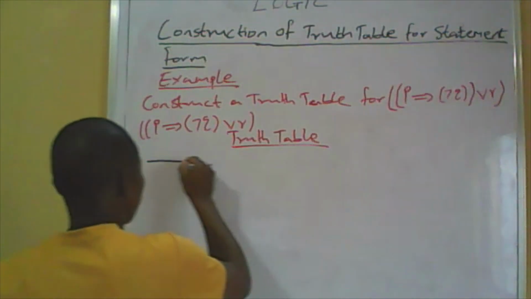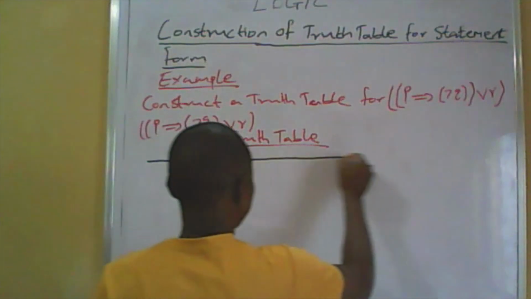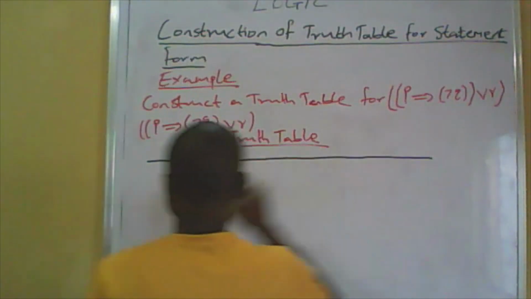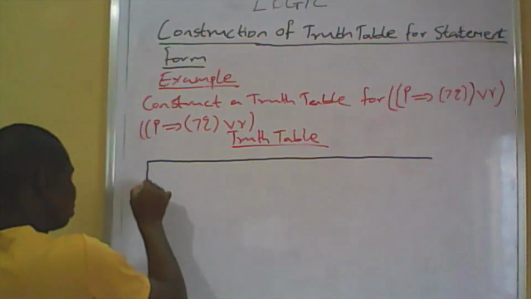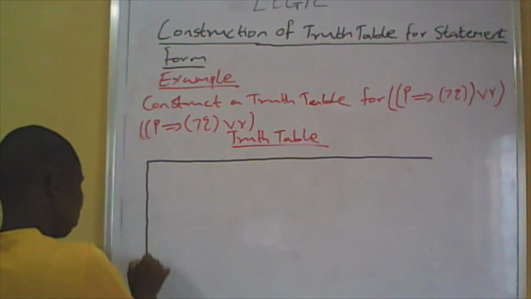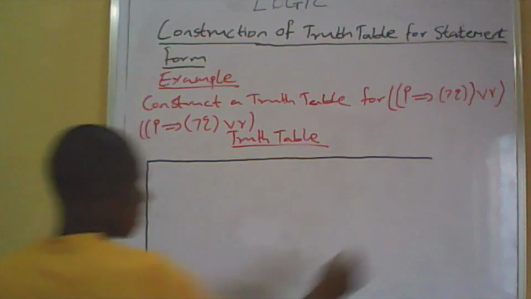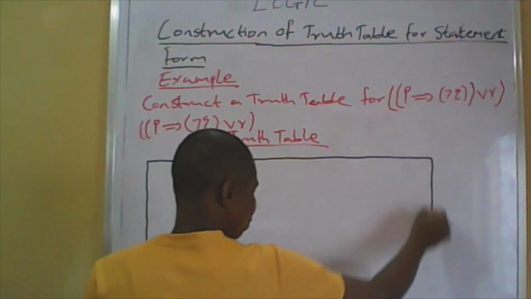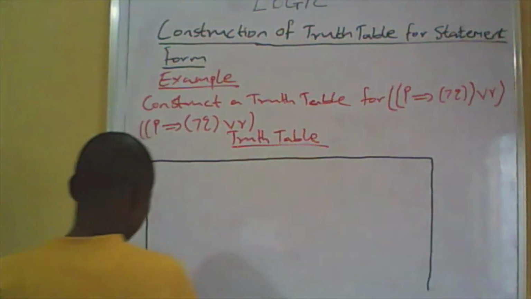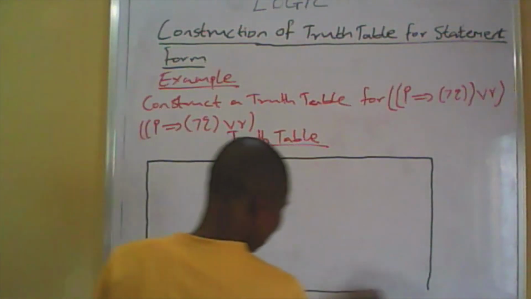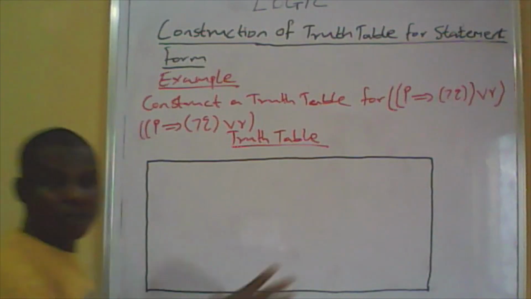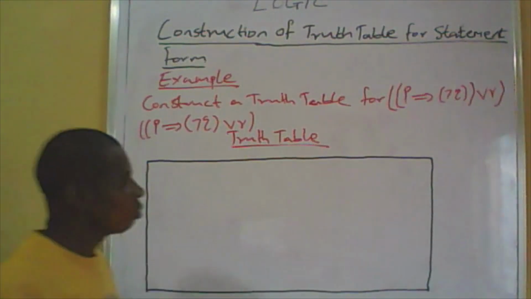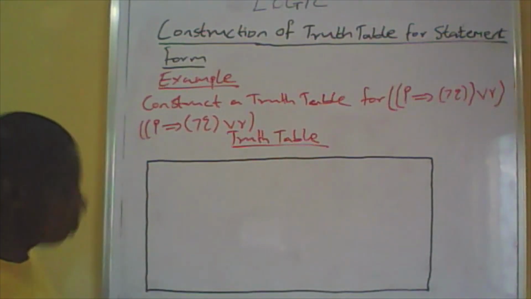You draw a horizontal line. You draw a vertical line. Draw another vertical line. Then let them meet. So this is our rectangular shape for the table.